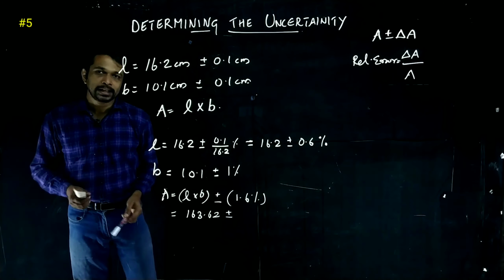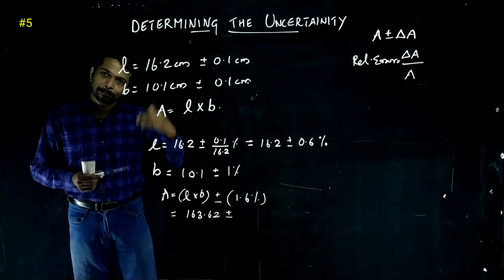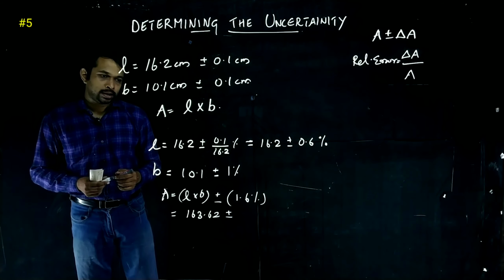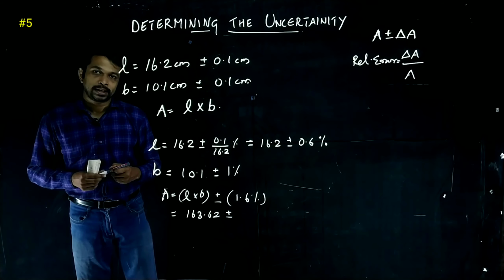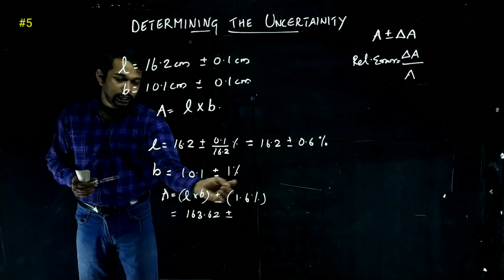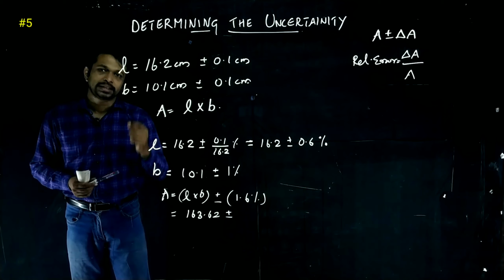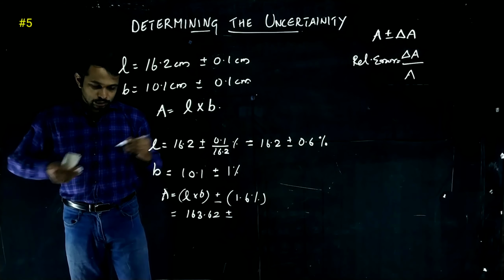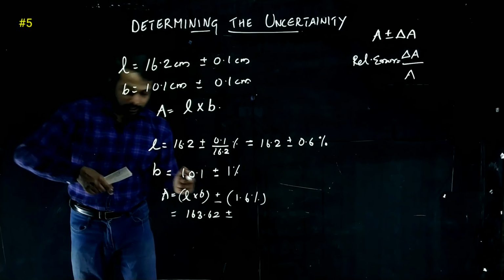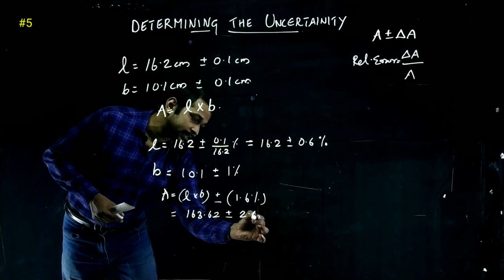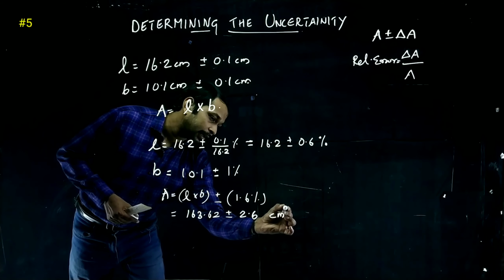This is the relative error and we have to convert it back to the absolute error. Then what will be the absolute error? This 1.6% of this 163.62, right? So this will come around 2.6 centimeter square.